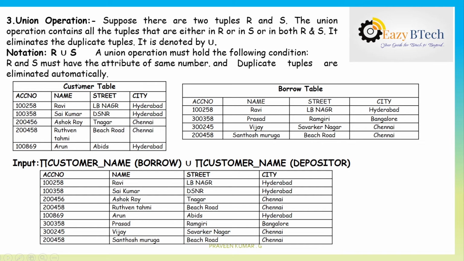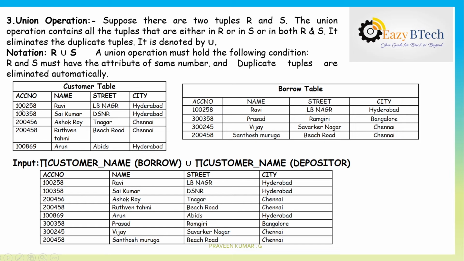Suppose in a customer table we have five tuples, 1, 2, 3, 4, 5. In a borrow table we have four tuples. What about the output? Actually, when we union these two, we would get a total of 9. But what about the duplicate values?